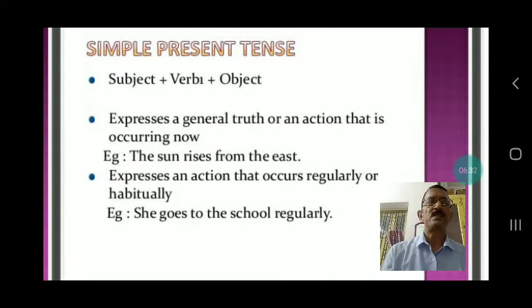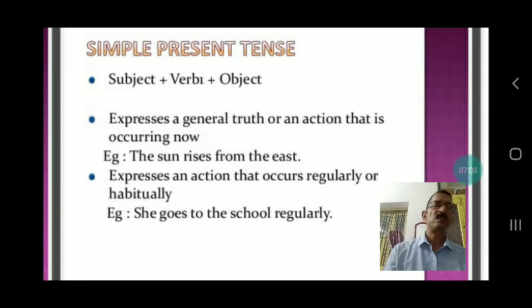Simple present tense. It is subject plus verb 1 plus object or complement. It expresses a general truth or an action that is occurring now, that is, the sun rises from the east. It expresses an action that occurs regularly or habitually. She goes to school regularly.